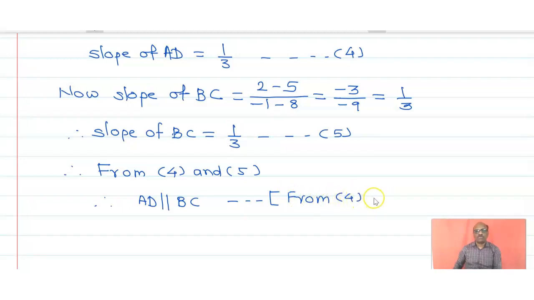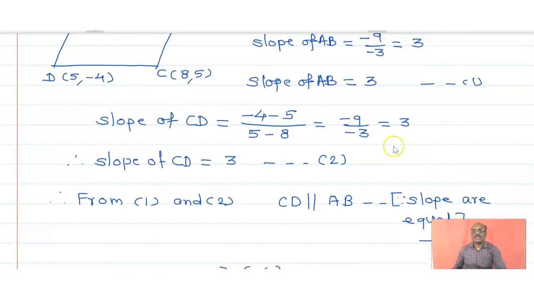As their slopes are equal, the lines are parallel, and this is the sixth one.